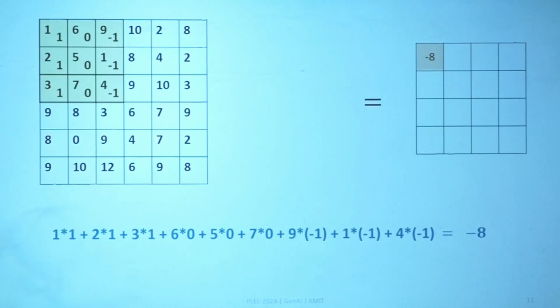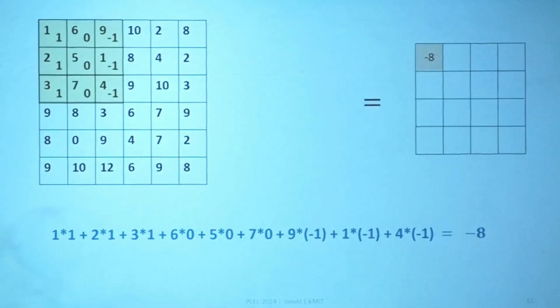These are multiplied together: 1 multiplied with 1, added to 6 multiplied with 0, and likewise vertically. Once the element wise multiplication is done, you get the sum of these elements. The final value will be positioned at this location of the feature map.